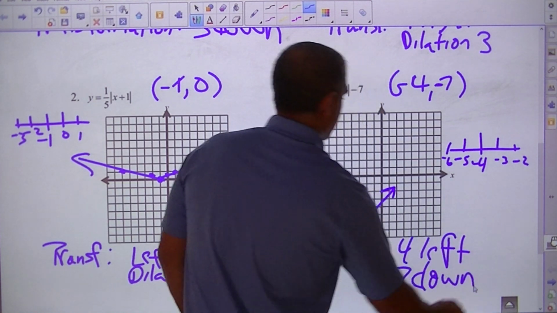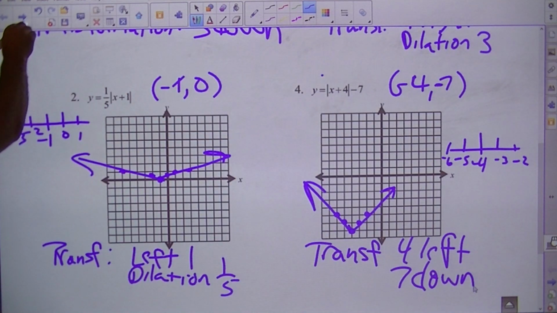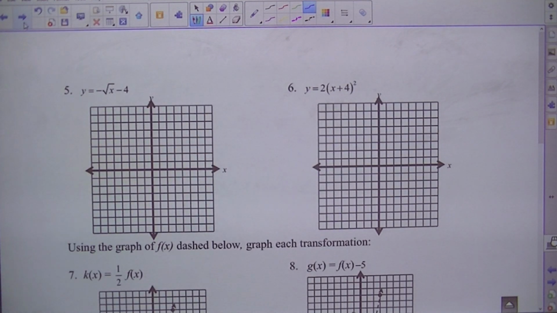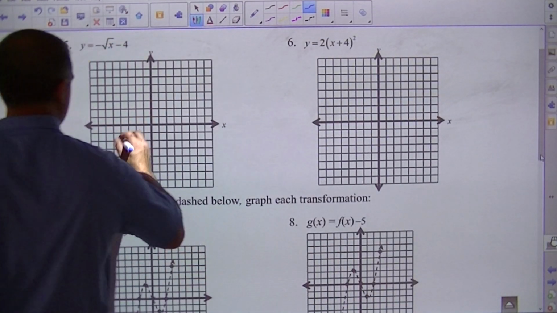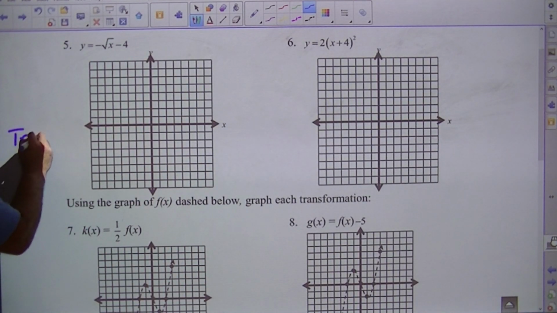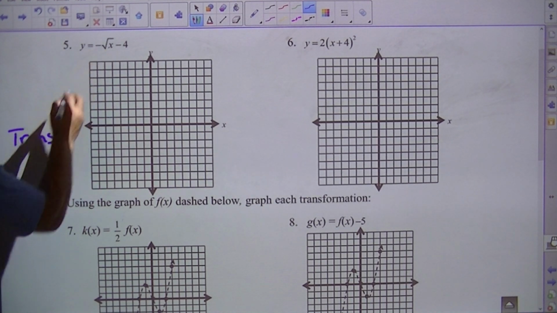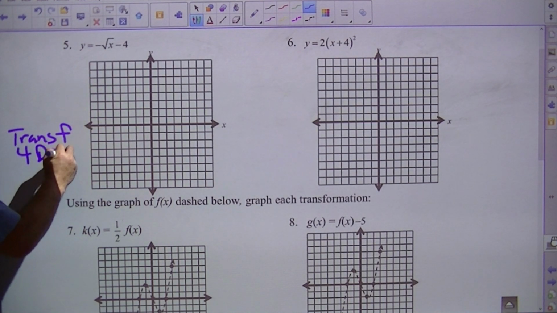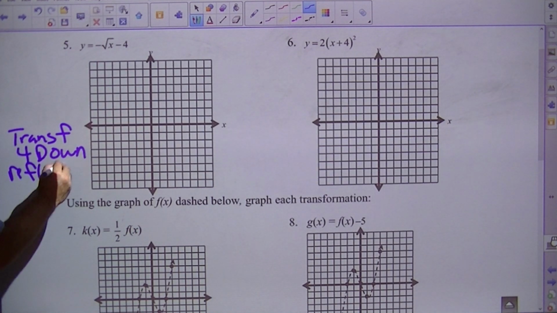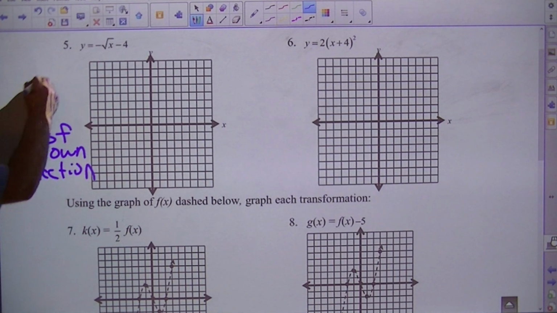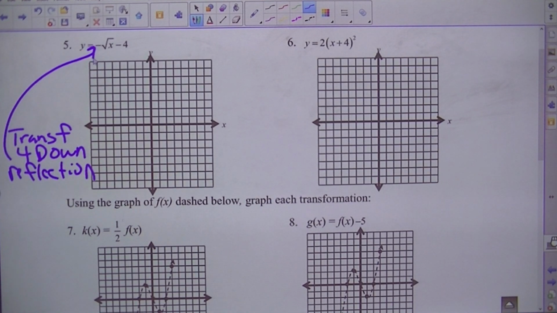Okay? All right, that's all you would have on that one. All right? On this one, okay, from the transformation piece, let me just do these both for transformations. We'll get the graph. Transformation, this would be 4 down, and this is a reflection. Okay, so when you have a negative number, that's going to reflect the graph.